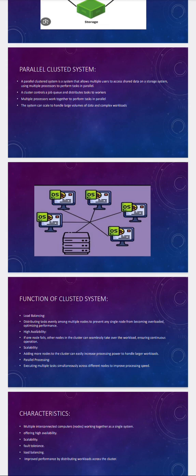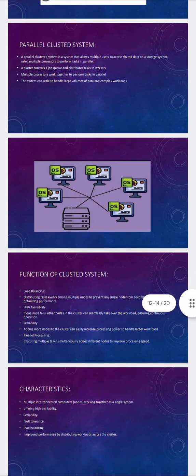Second is high availability. If one node fails, other nodes in the cluster can seamlessly take over the workload, ensuring continuous operation. A single affected node will not affect the rest of the system. The affected part is isolated and the remaining workload continues.